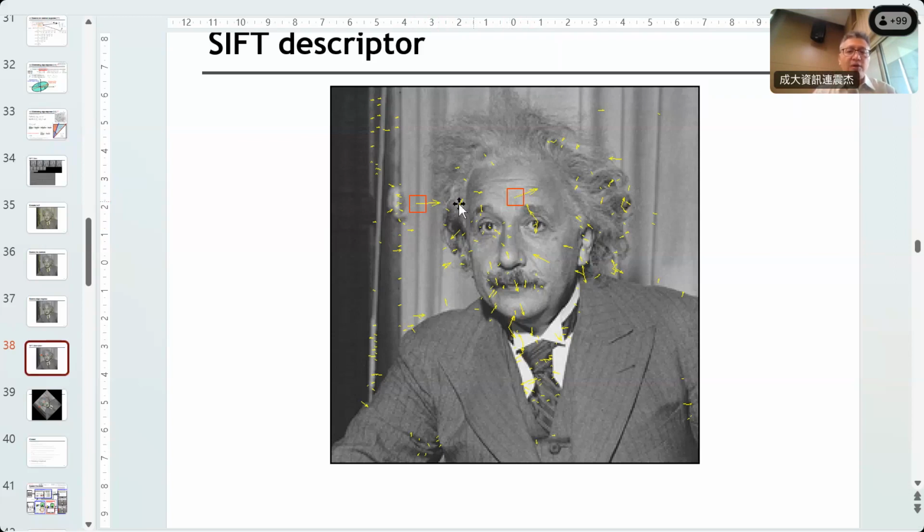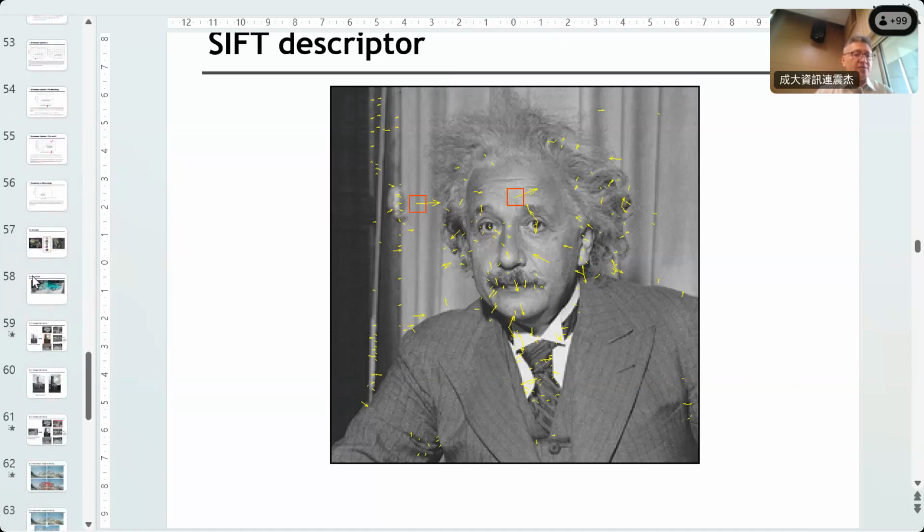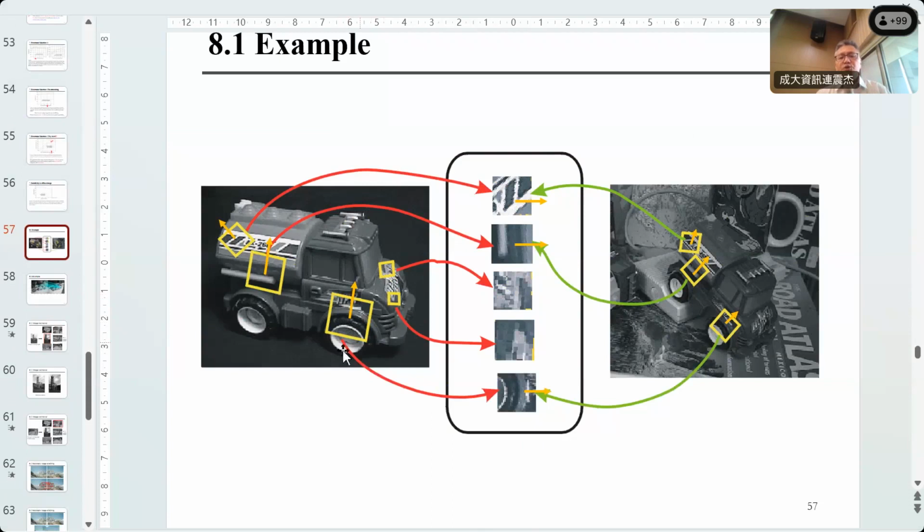I say again, why we need a rotation angle: because when we do the comparison, each corner, we formulate a patch. For each patch, we have a major rotation angle. Based on the rotation angle, we will rotate it back to 0 degrees. So each one we rotate to 0 degrees for the comparison.